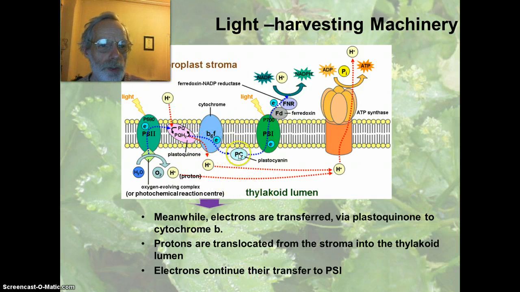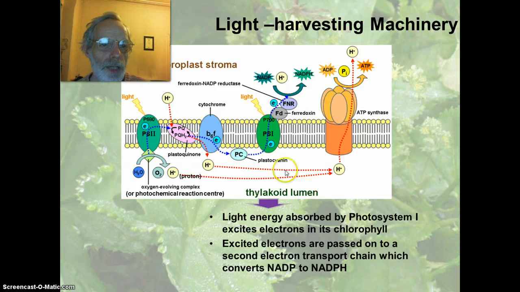And then the electrons continue the transfer to photosystem 1. Light energy absorbed by photosystem 1 boosts the energy of the electrons, and they're passed to a second electron transport chain, a second chain of redox reactions, which converts NADP to NADPH.